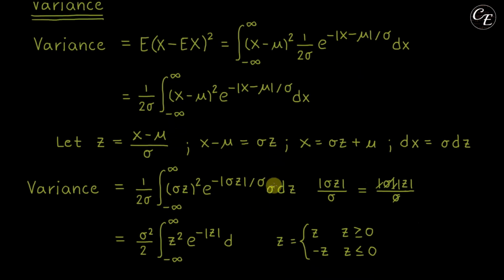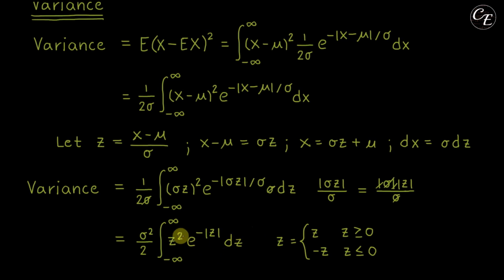Then from here, we can cancel out the sigma and sigma in here. Then we can move out the sigma raised to 2 outside of this integral, so we have this one from here. Then for this one, the absolute value of sigma z over sigma, we can replace it by just the absolute value of z. Then we have here dz.